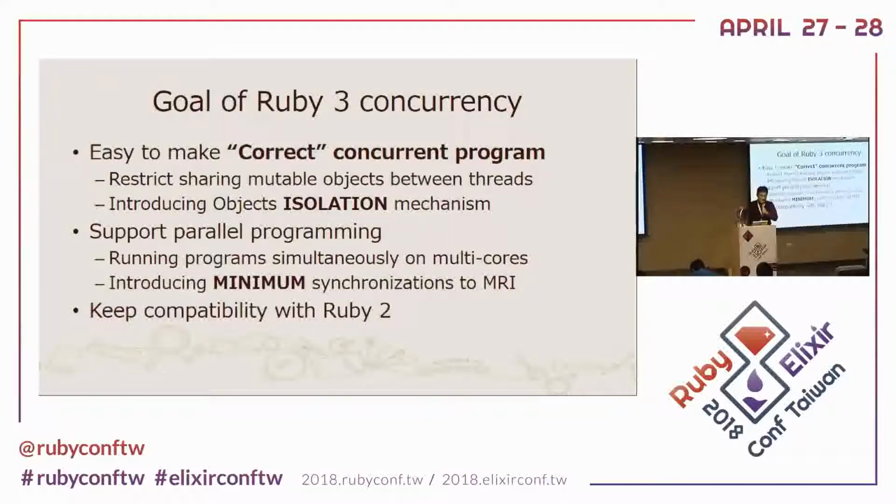By restricting the sharing of mutable objects between threads, to achieve this goal, we need to introduce an object isolation mechanism for it. And the next goal is to support parallel programs.